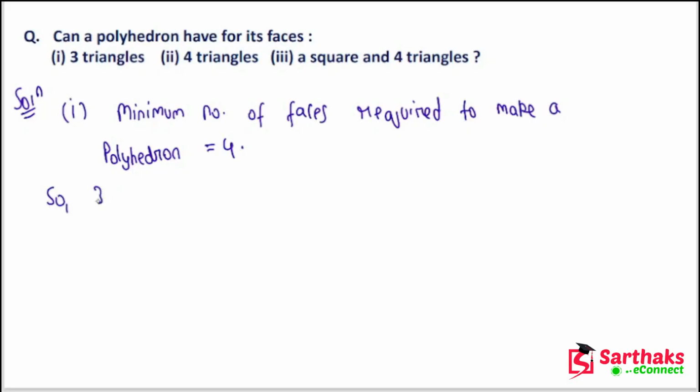So 3 triangles cannot make a polyhedron, right? That is basically the answer. Let us move on to the second part.